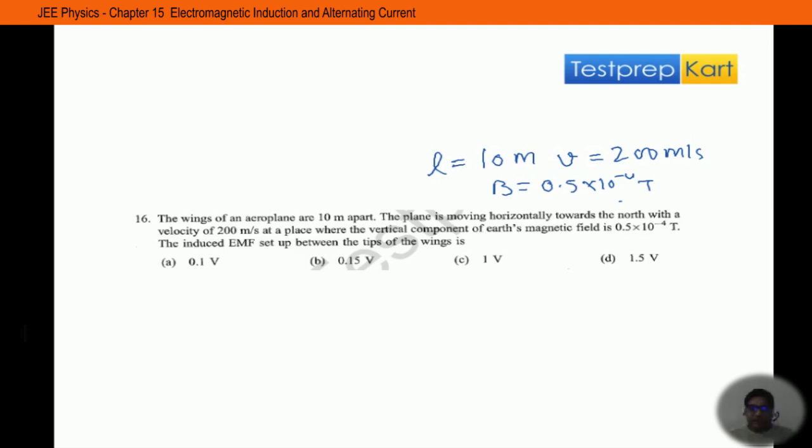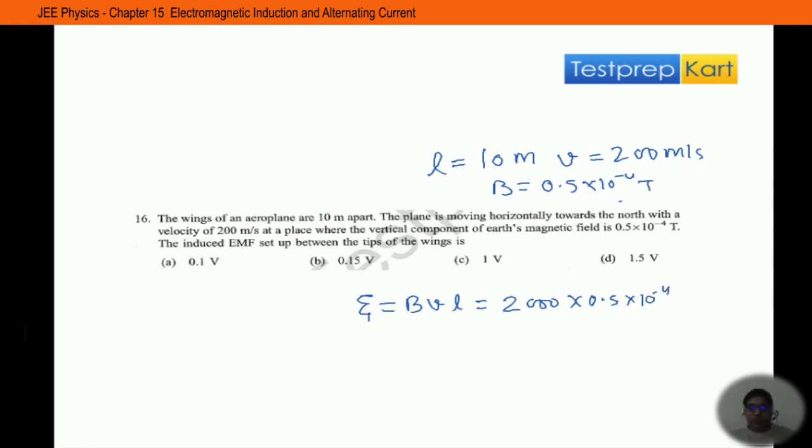Again, it is based on motional EMF, where E is equal to B into V into L. Okay, so all these quantities are given. So V into L is 2000, and this is 0.5 into 10 to power minus 4.